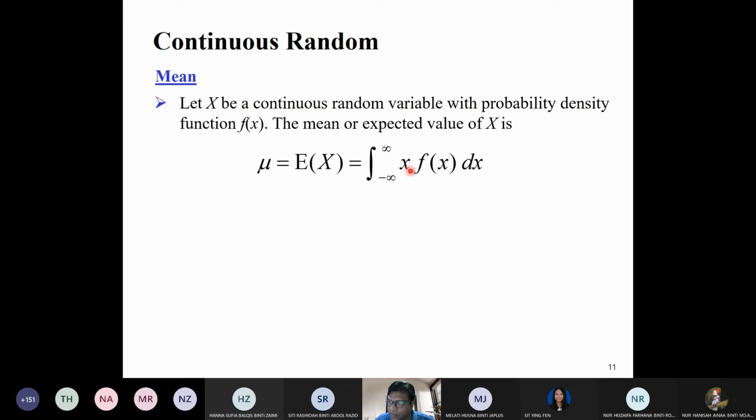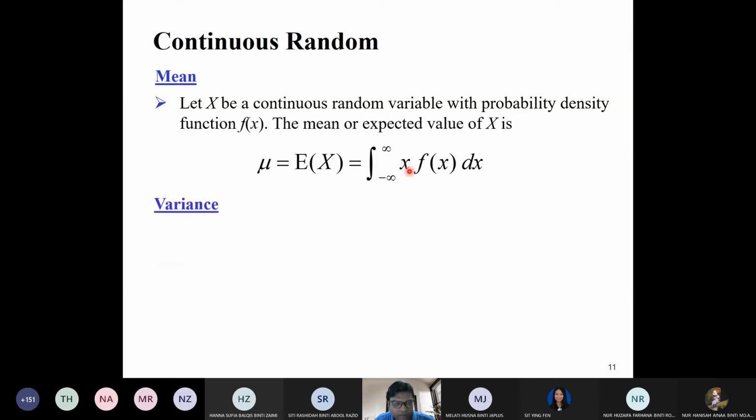Remember, this has to be multiplied with the X. In order to find the mean value, you need to multiply with that X, depending on the respective point which is given.